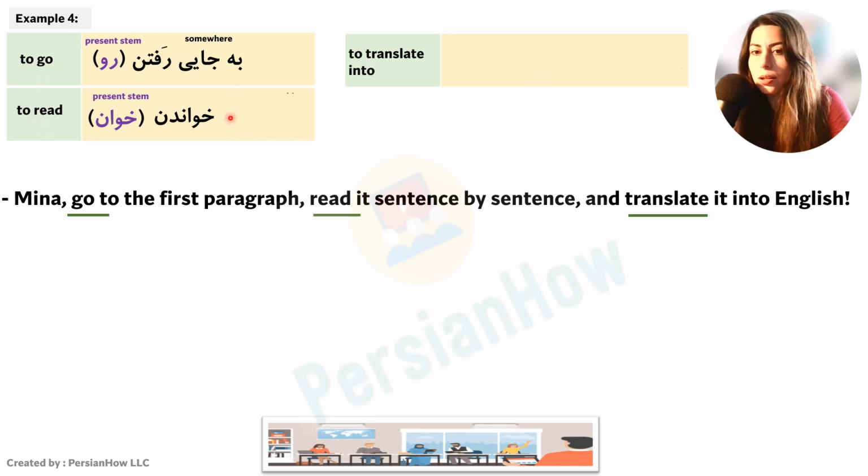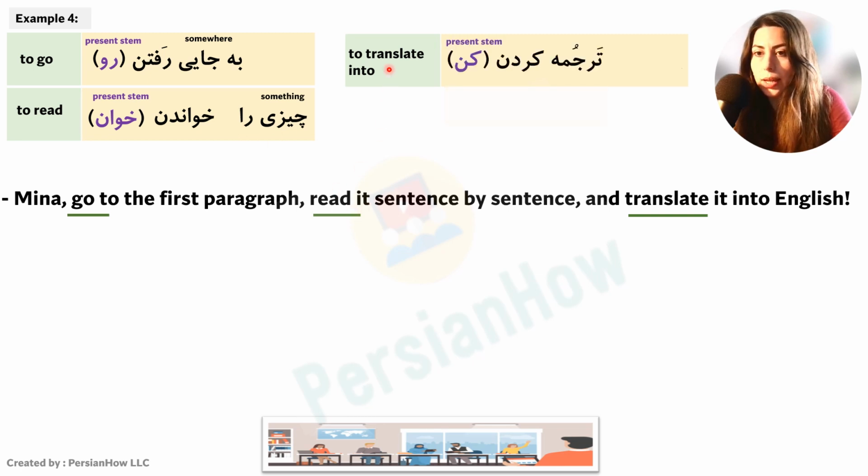To read, خواندن. خواندن is a transitive verb, so it's چیزی را خواندن. So what would be the object? The object is it, so it would trigger را. And then to translate is ترجمه کردن. But remember, ترجمه کردن in Farsi, the preposition is not into, it's to, is به. به چیزی ترجمه کردن.